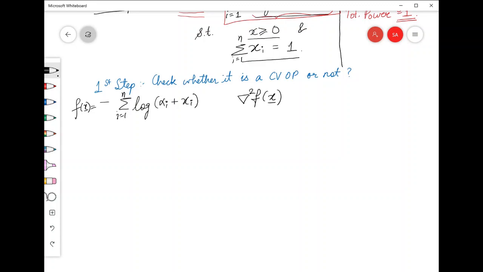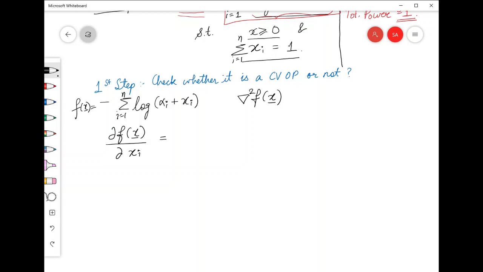Okay, let me now compute the Hessian. First I need to find the derivative of f(x) with respect to x_i.